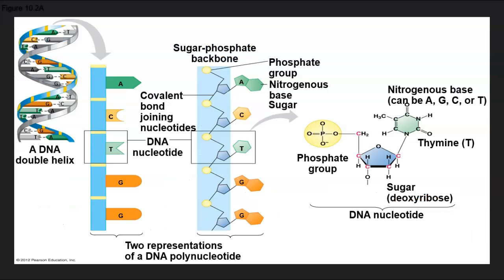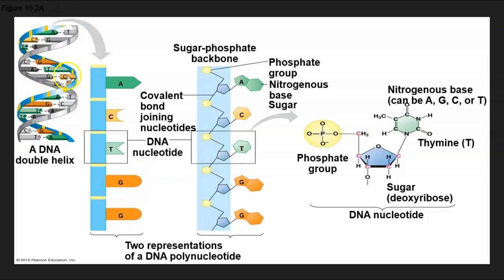Here we see how they join together. They connect through the phosphate: sugar, phosphate, sugar, phosphate. That's what we call our sugar phosphate backbone. The nitrogen bases are attached to the sugar molecules, the deoxyribose in the case of DNA. There are a couple of different ways this is illustrated in books.